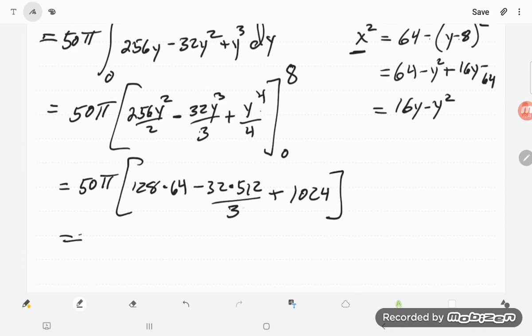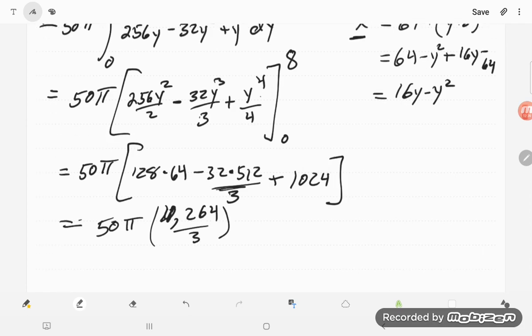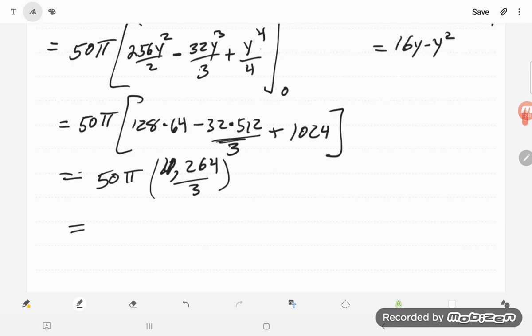So this isn't terrible. I can't divide 3 into this thing, so I get something involving 3, and I look at what they have, and they say this is about 50 pi times 11,264 over 3, and then if we check that with a calculator, they say it's about 589,782 foot-pounds.